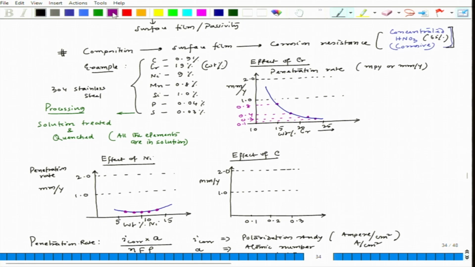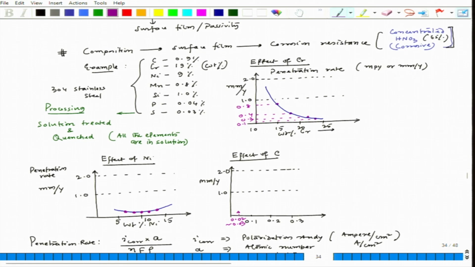If we see the change close to around 0.03%, the corrosion rate would be very low, 0.03 to 0.02. So, here the value would be 0.02 to 0.03. It's a very low value.